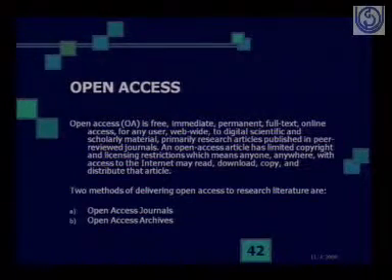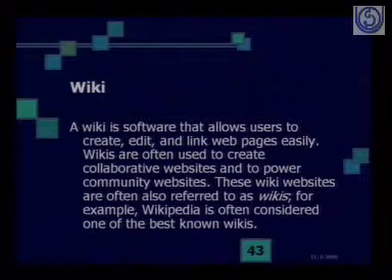An open access article has limited copyright and licensing restrictions, which means anyone, anywhere with access to the internet may read, download, copy and distribute that article. Two methods of delivering open access to research literature are open access journals and open access archives. In fact, a large number of journals are available open access also.